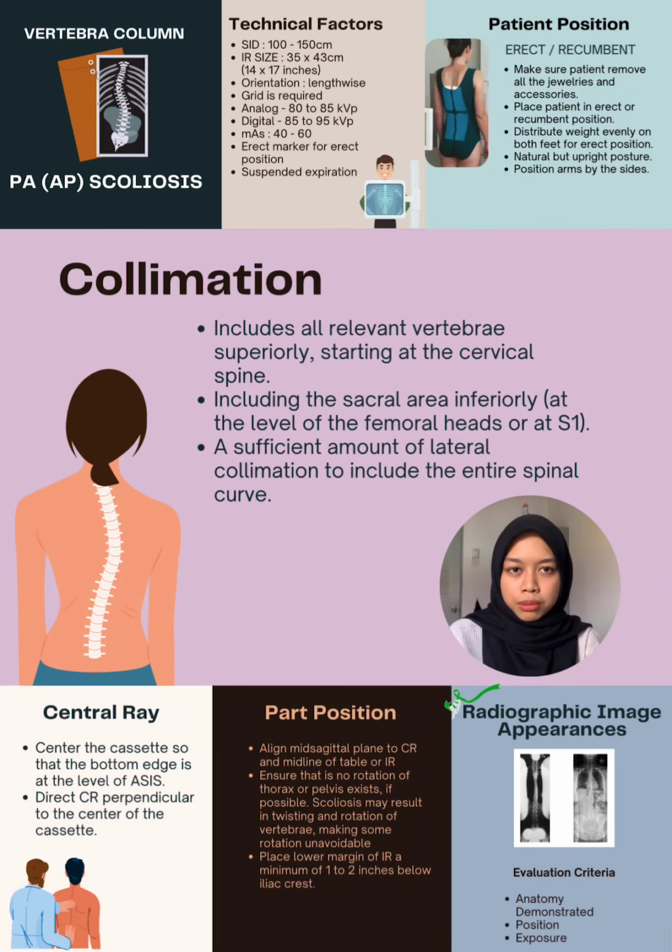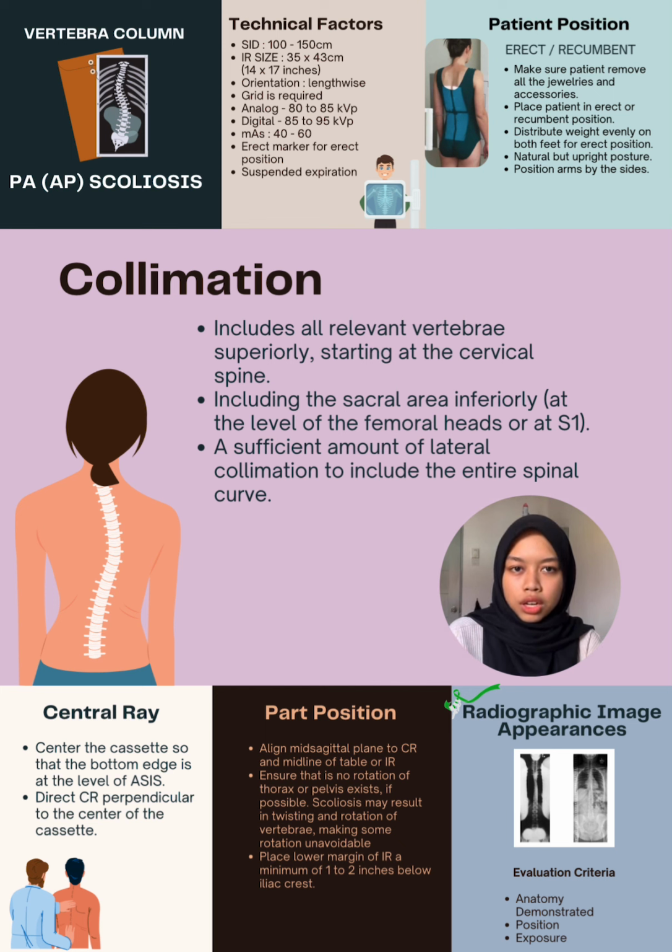So for the collimation, the field should extend from the base of the skull to the level of the sacrum. Superiorly, all relevant vertebrae starting at the cervical spine need to be included. Inferiorly, the sacral area at the level of femoral heads or at S1 needs to be included. This ensures that the entire spine is visualized in the radiograph.